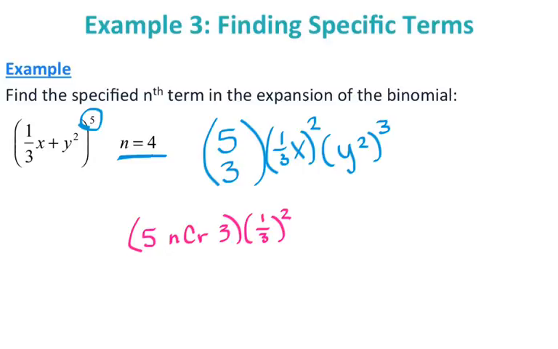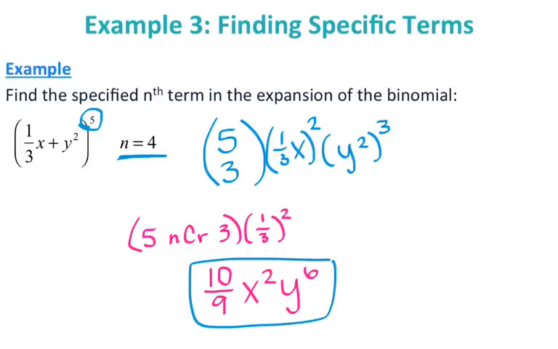That gives me 10/9, and then my x is being raised to the second power, so that's x squared, and then y to the 6th. And that is your answer.